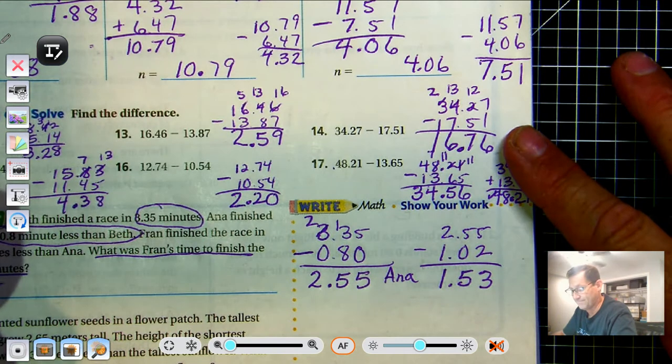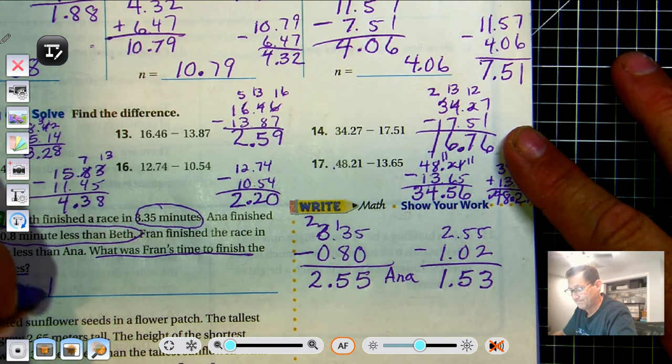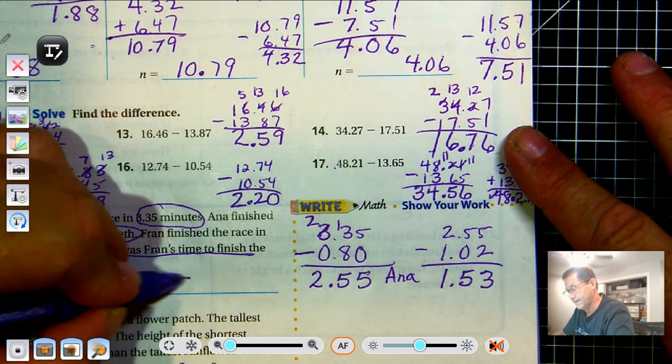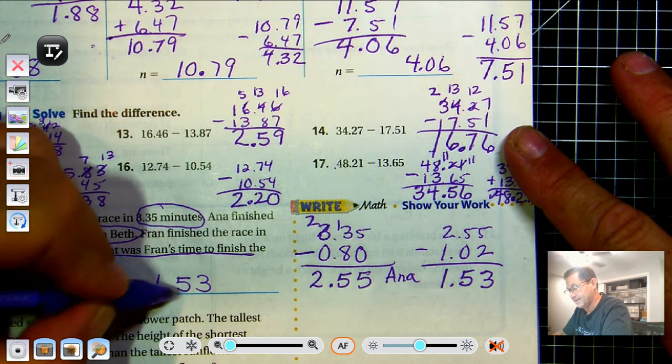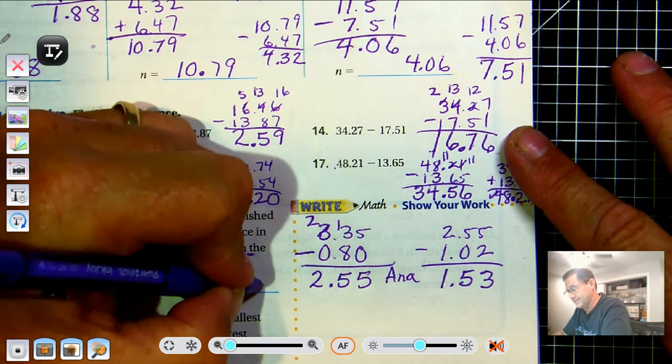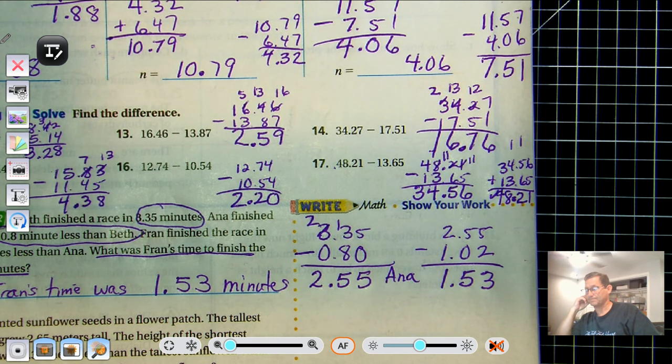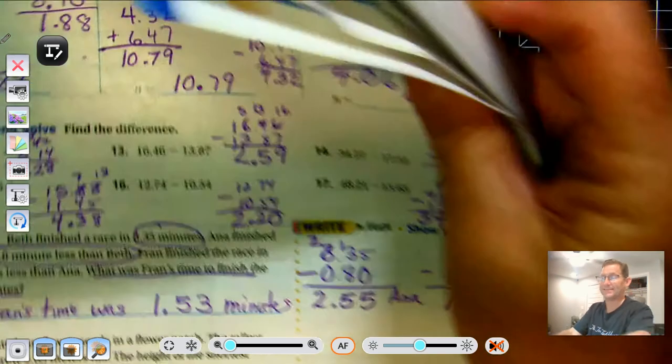So Fran's time was 1 and 53 hundredths minutes. So Fran finished first, Anna finished second, and Beth finished third. 19.